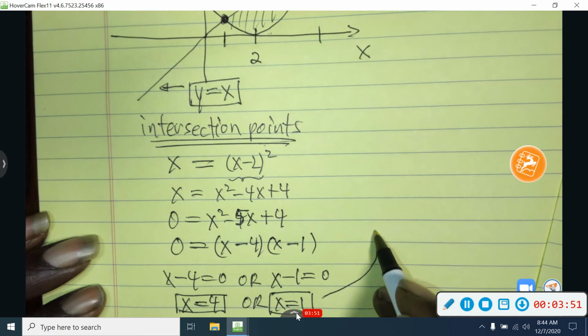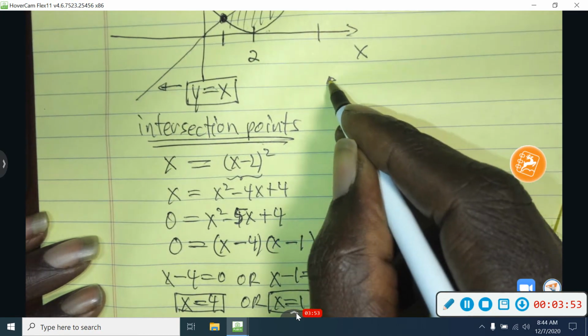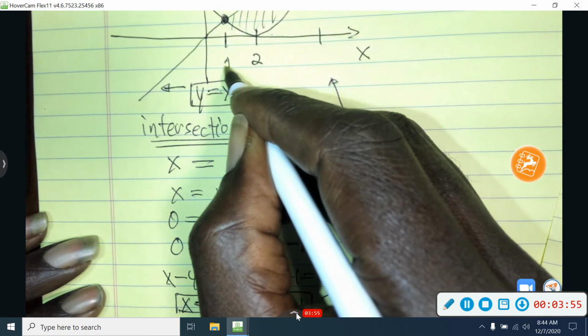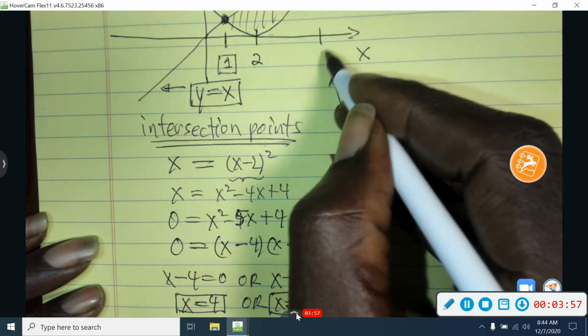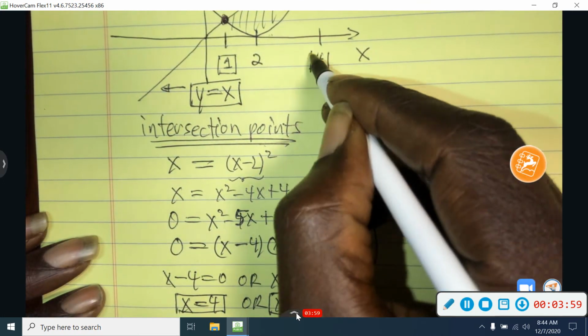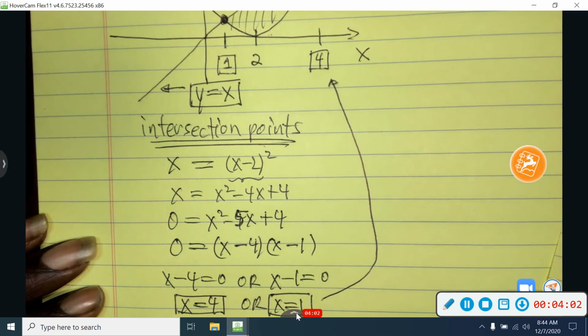Go back and put them up on the graph. It's obvious which one's which. This one's 1, and this one's 4. Capiche?